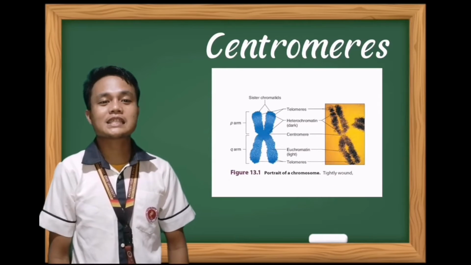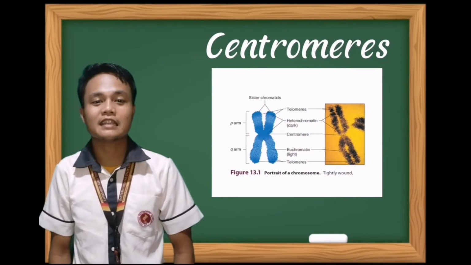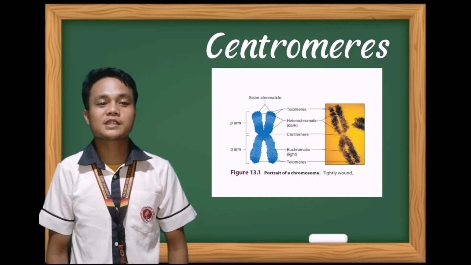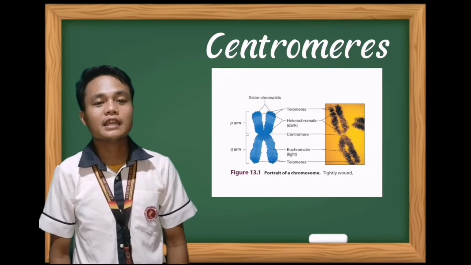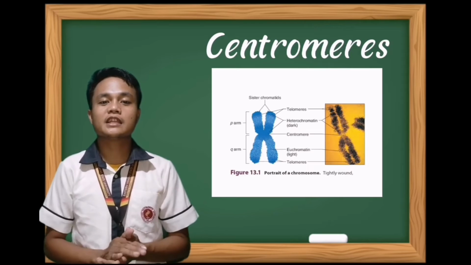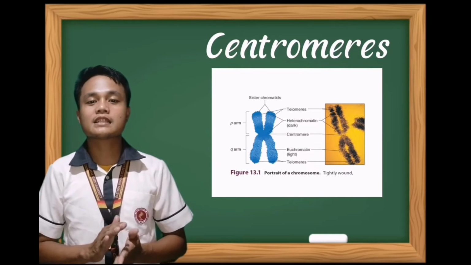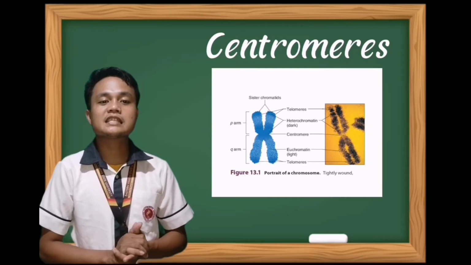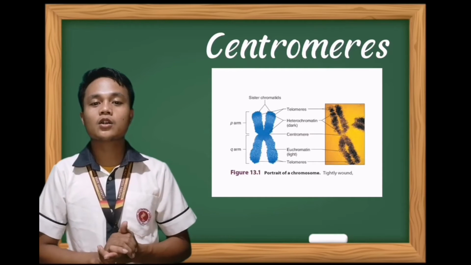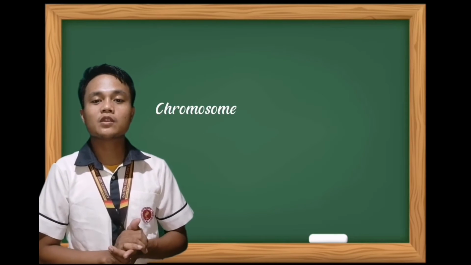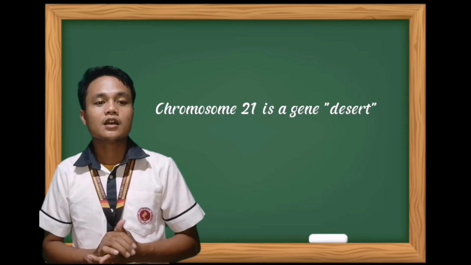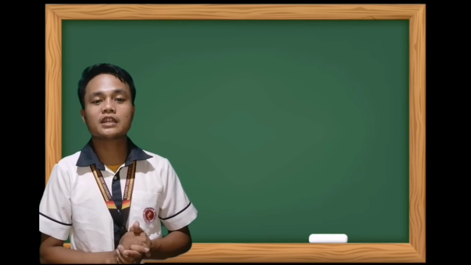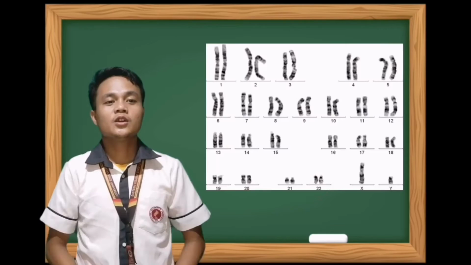Centromeres lie within vast stretches of heterochromatin. The arms of the chromosomes extend outward from the centromere. Gradually, the DNA includes more protein-encoding sequences as the distance from the centromere increases. Gene density varies greatly among chromosomes. Chromosome 21 is a gene desert, harboring a million bases with no protein-encoding genes at all.